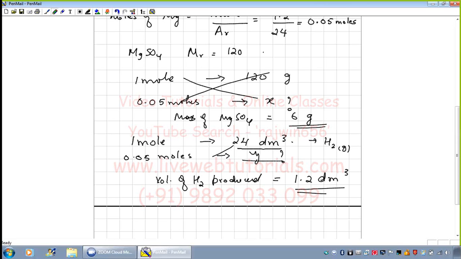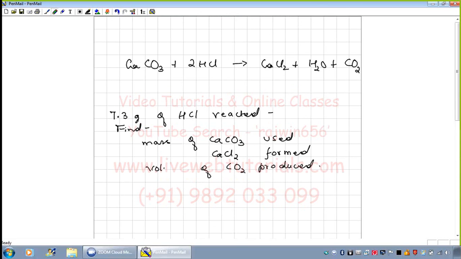That will be the number of molecules for 1 mole. For these many moles, it will be 0.05 multiplied by 6 into 10 raised to 23. And if the number of atoms is asked, that will get multiplied by 2. 1, 2, 1, 1, 1. Correct? This is the mole ratio.